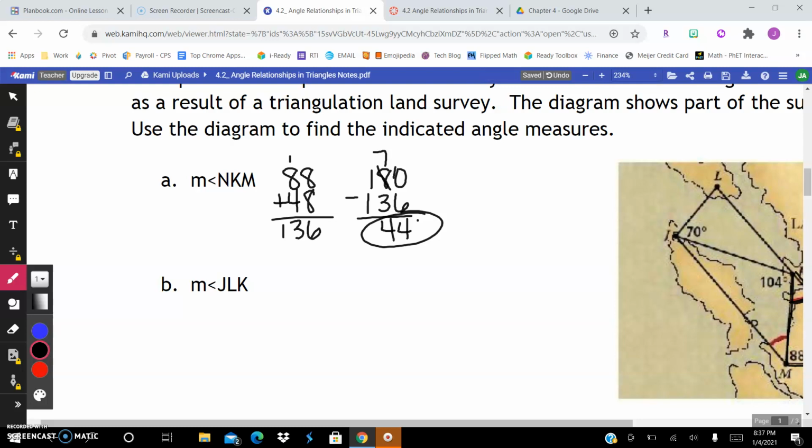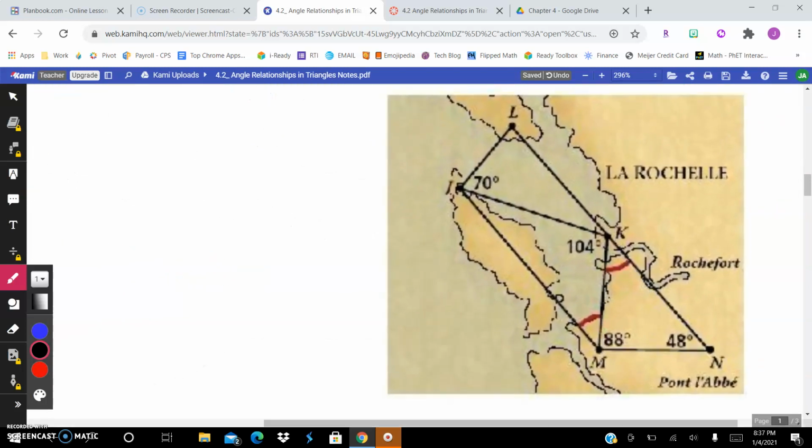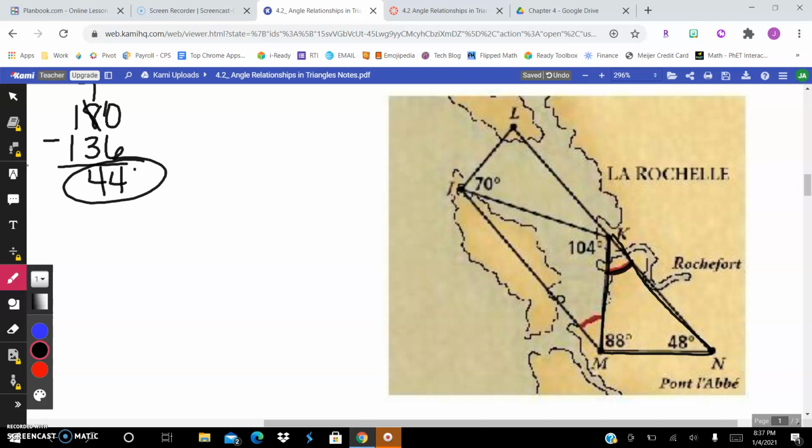Then it asks us to find the measure of angle JLK. So JLK is right here, and we have to figure out what this angle measure is. As you can see here is a straight line, and we just figured out that this angle is 44 degrees. We know this angle, and we're missing this angle.